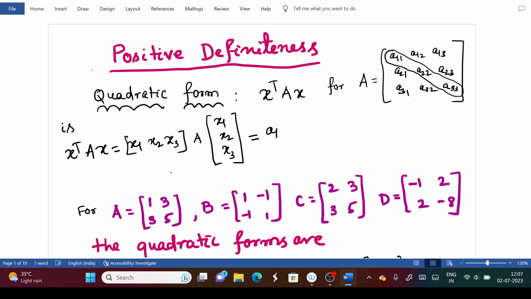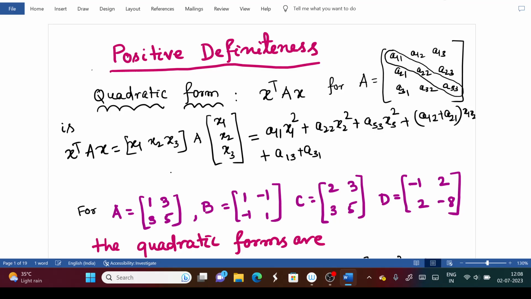The coefficients will be A11 x1 square plus A22 x2 square plus A33 x3 square, plus (A12 plus A21) into x1 x2, plus (A13 plus A31) into x1 x3, plus (A23 plus A32) into x2 x3.